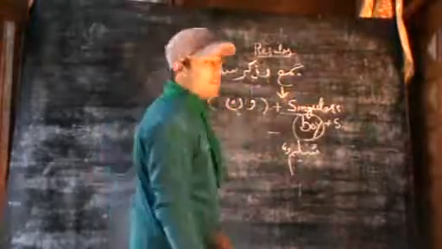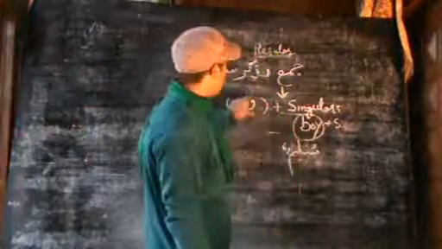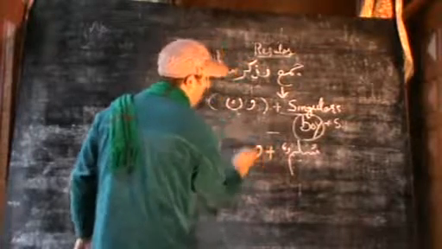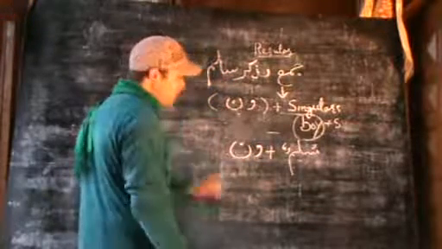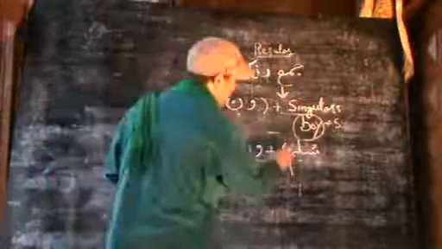But one thing is here, there is a rule in the formation of these plurals. So we add here waw and noon. But one thing is there. See, now the shape of the word changed. It's muslimun.